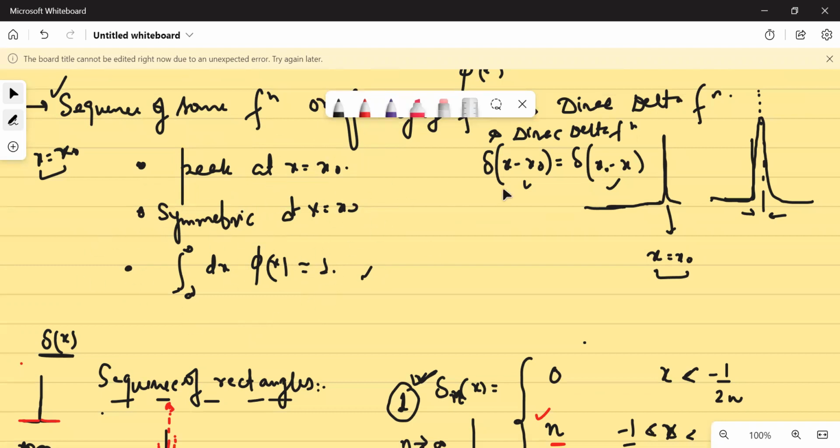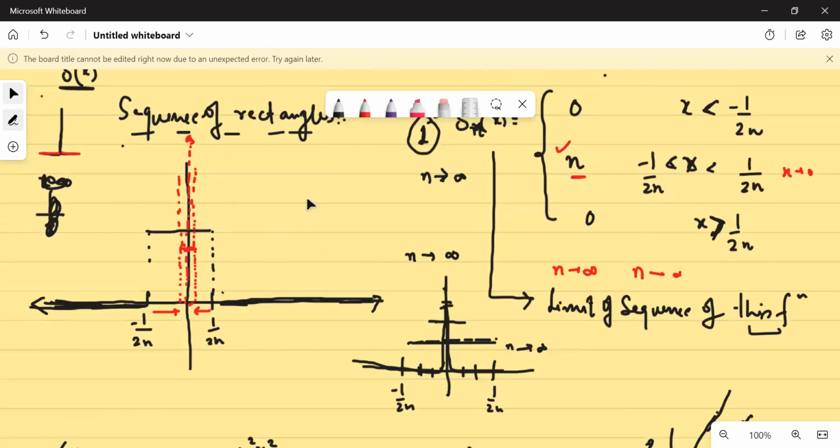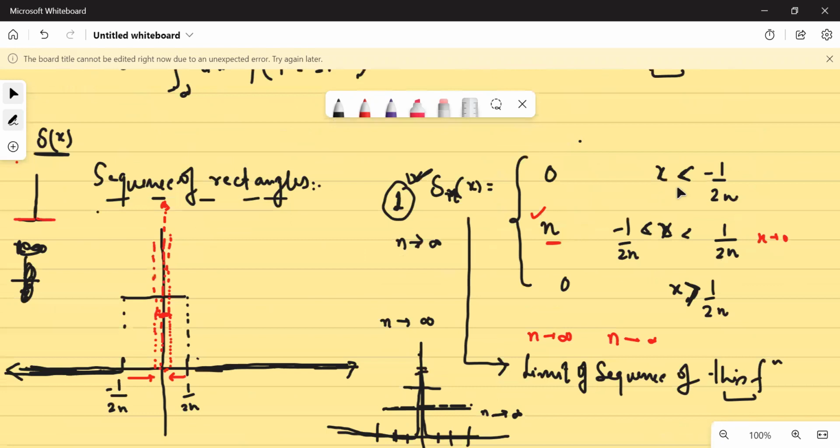Further, this function whose limiting behavior is like the Dirac delta function should be integrable, and this integral should come as 1. One of the examples that I taught you was the sequence of rectangles. You can see that as n tends to infinity, this will go towards 0 from the left hand and from the right hand.